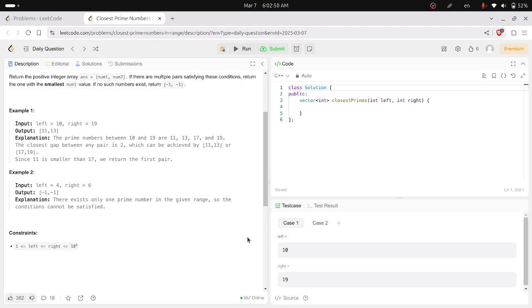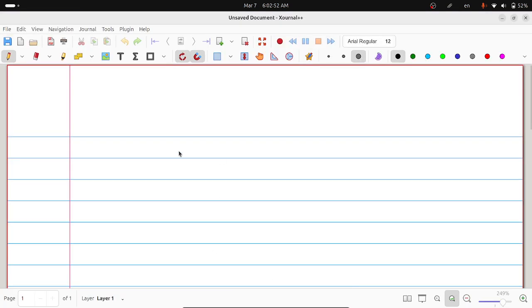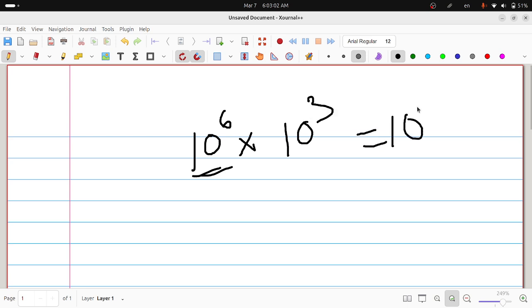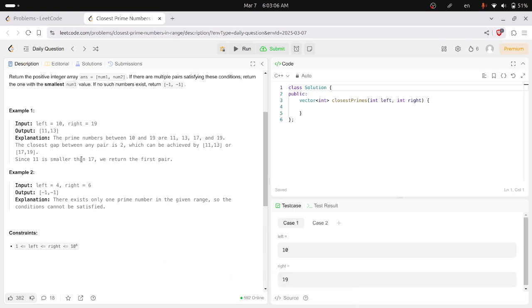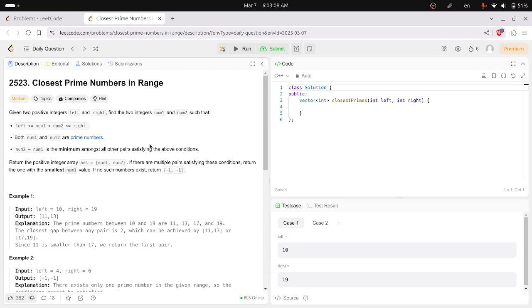Okay, 10 to the power 6 into square root of 10 to the power 6, which is 10 to the power 3. So that's 10 to the power 9, and it exceeds 1 millisecond. So I don't really think it's a good solution.